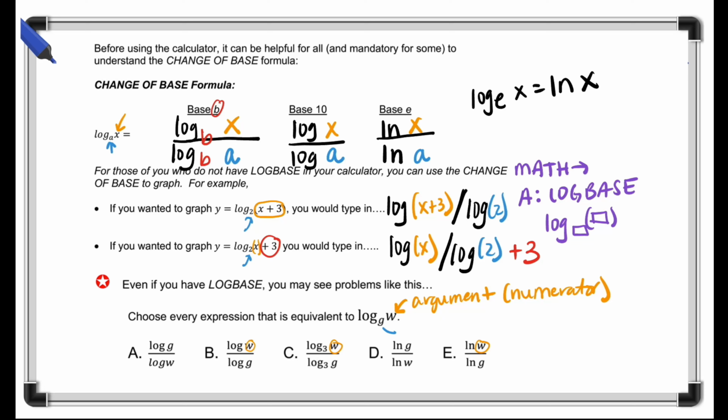And then our base is g. Remember, the base has to go in the denominator. Now we're going to look and see where we have g in the denominator. Again, 3 options. So we have 3 expressions that are equivalent to log base g of w. Notice that the bases are all the same, and that's okay because if your bases are all the same, we're able to do our change of base formula. As long as the bases are the same, we can rewrite our logs.